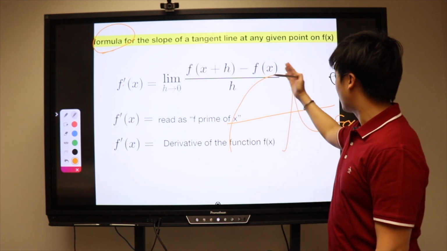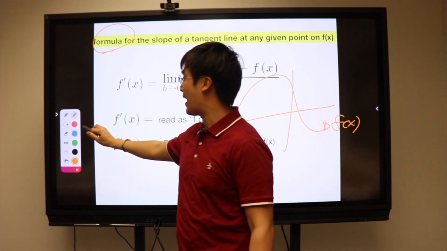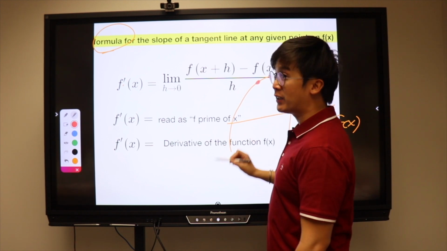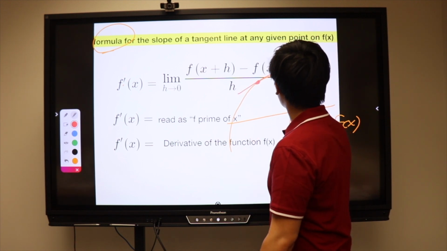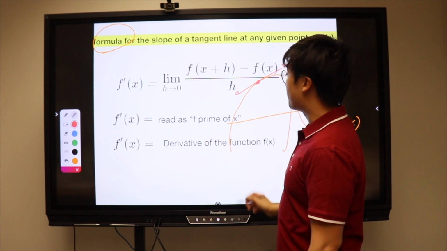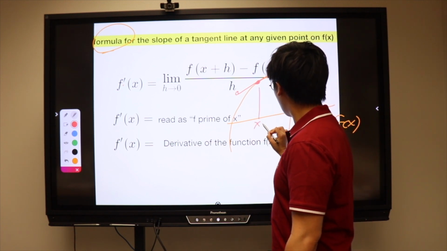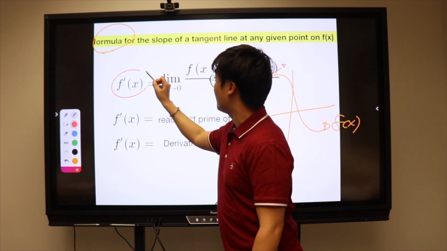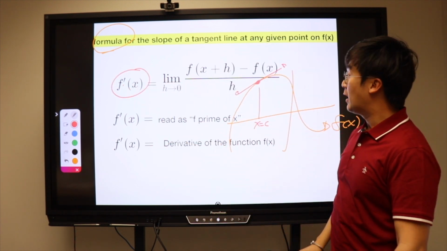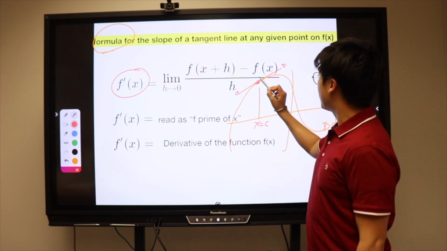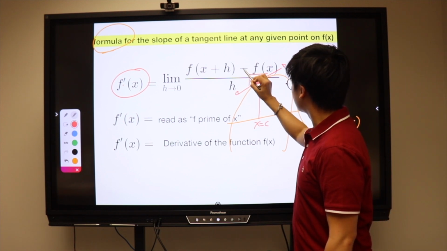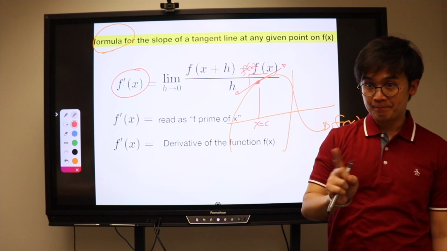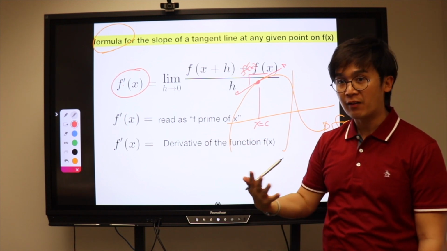So if this is your f of x, this little graph right here, if you have a point right here, and you need to find the equation of the tangent line of this point at the value of x, you'll be able to solve it using this formula with just a single point, because it will give you the equation of the slope. Got it? So that is what you need to remember about f prime of x.